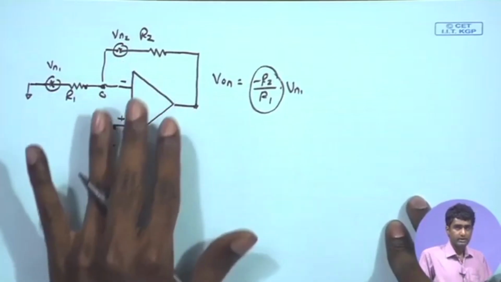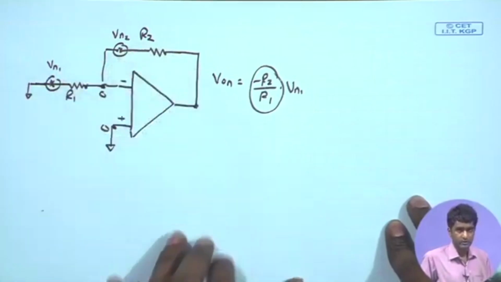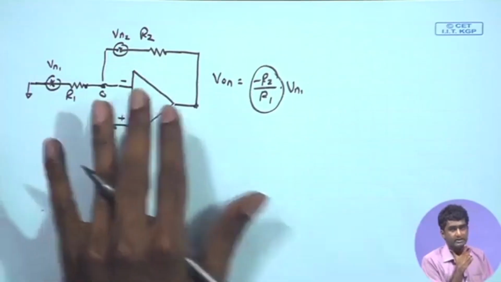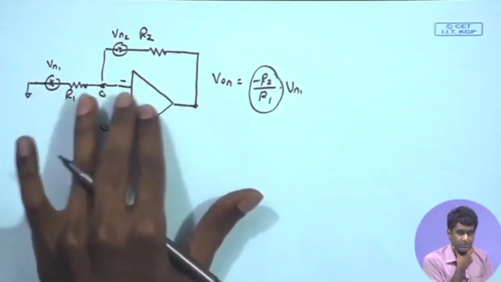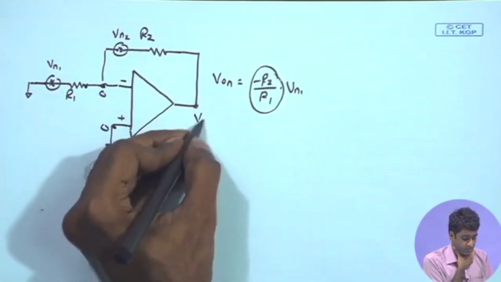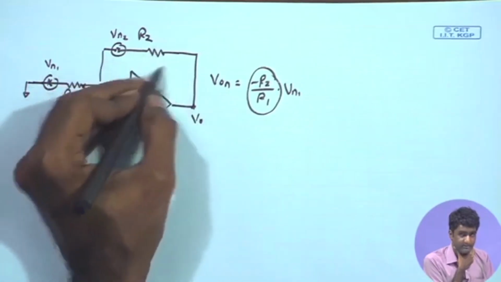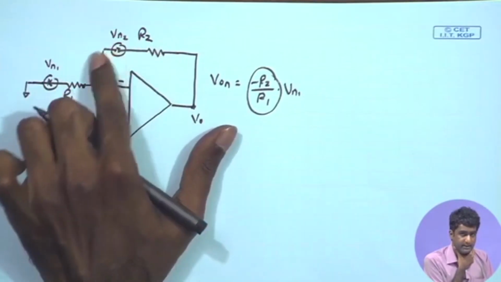Also, if we look at the feedback configuration, we can visualize what the role of R2 is. As we said, this particular feedback is acting like a shunt feedback. You have an output signal, voltage VO, which is being sensed by this feedback element R2, and it is producing an effective signal.